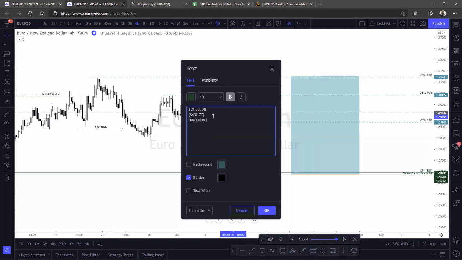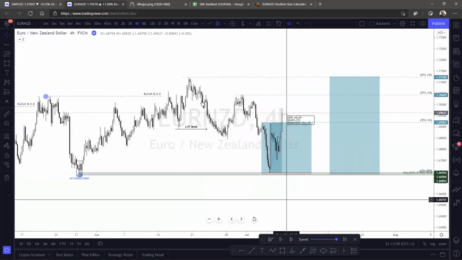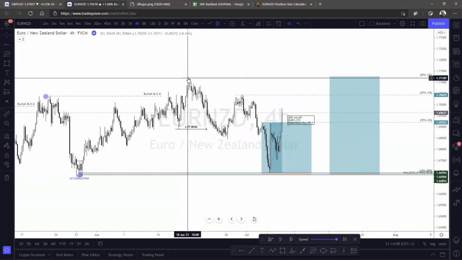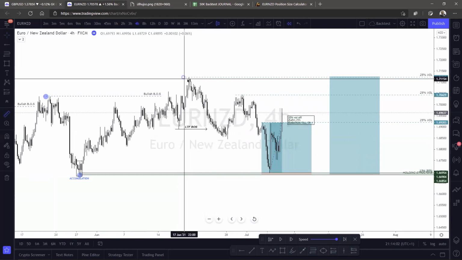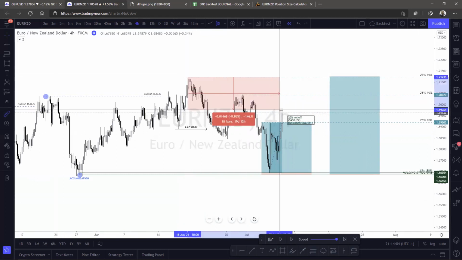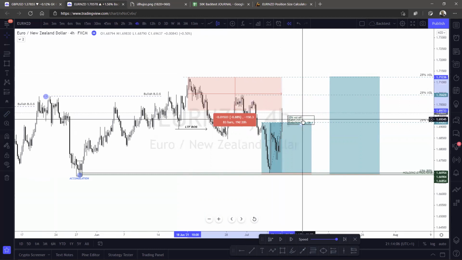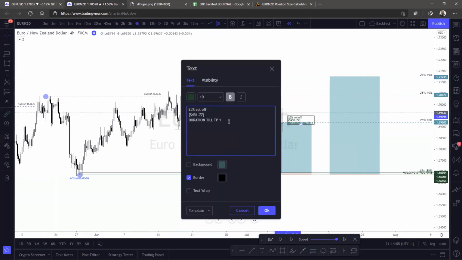Duration till TP1 is, so we saw that new high there. So from here to here, 19 days, 20 hours.